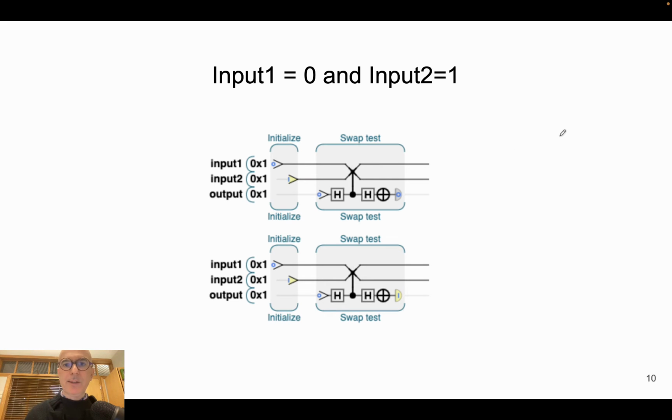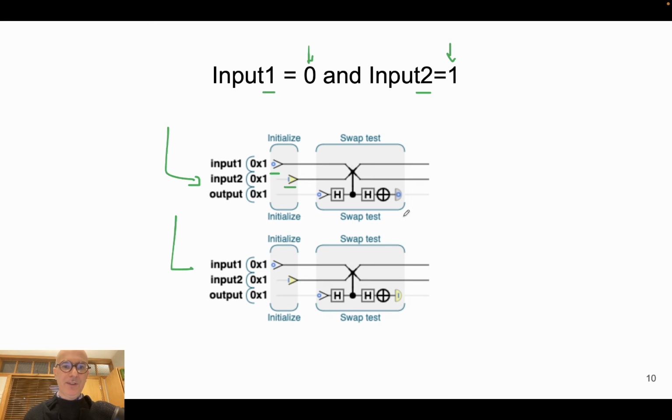So let's look at an example in the case that input 1 and input 2 quantum registers have different values, 0 and 1. Obviously, we can also check with different values. So this is the realization of the quantum circuit. They have 0 in input 1 and 1 in input 2.